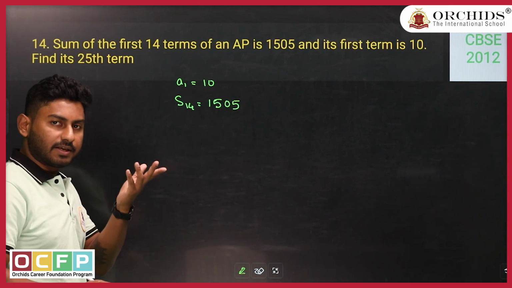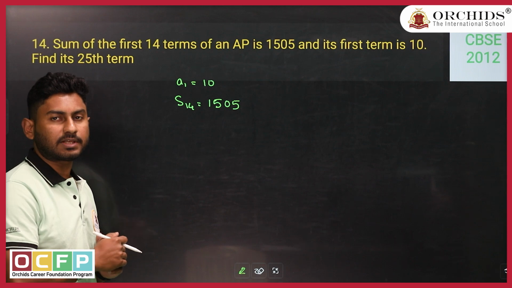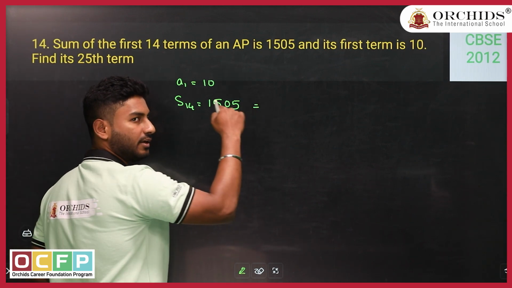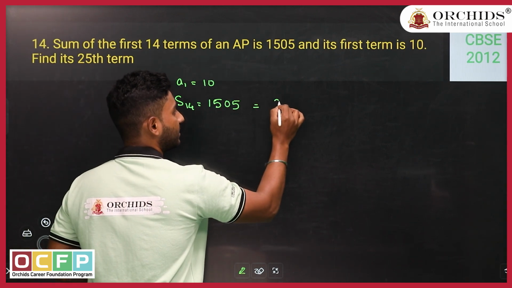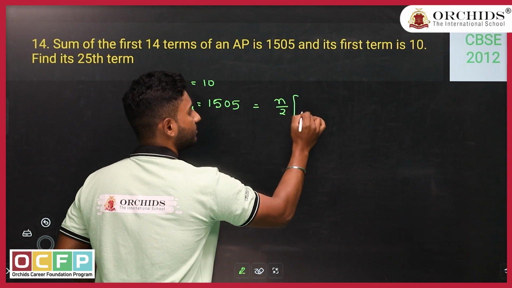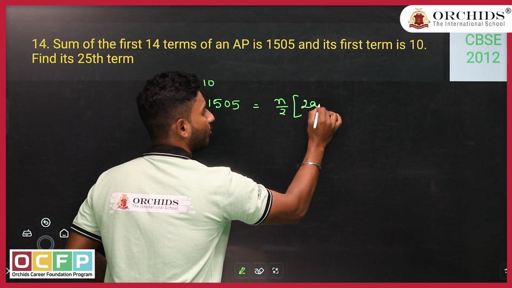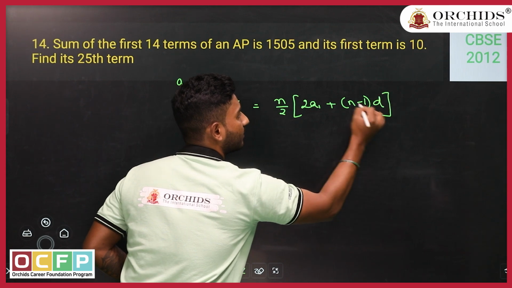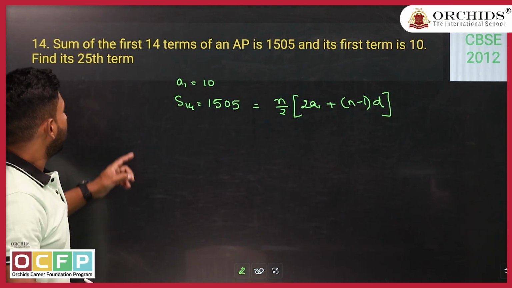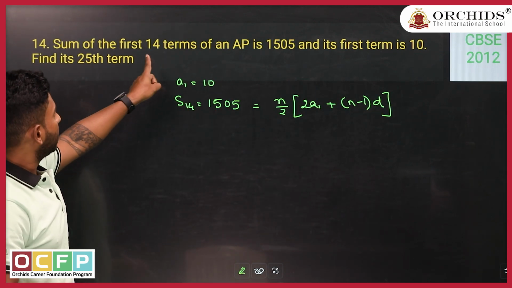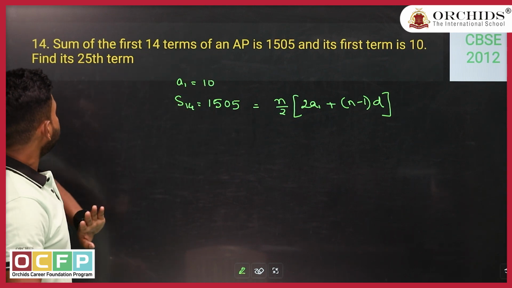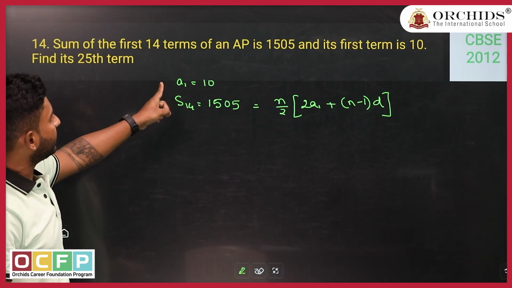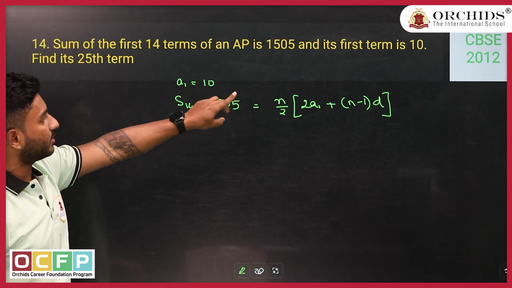Now, if I think how they have found out this sum, obviously they have also used the same formula that we know. That's nothing but n by 2 twice of A1 plus n minus 1 D. They have used this one. Now, the first term and the sum of first 14 terms are given.